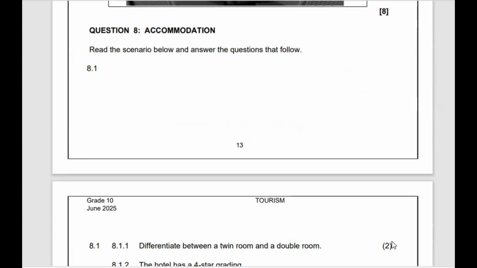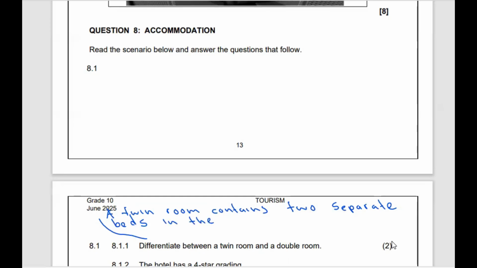So let me start with 8.1.1. All right. So a twin room contains two separate beds in the same room, which can be used by two different individuals.